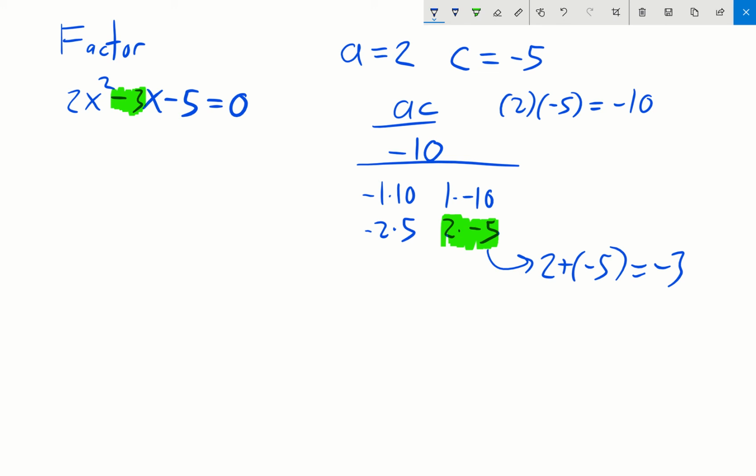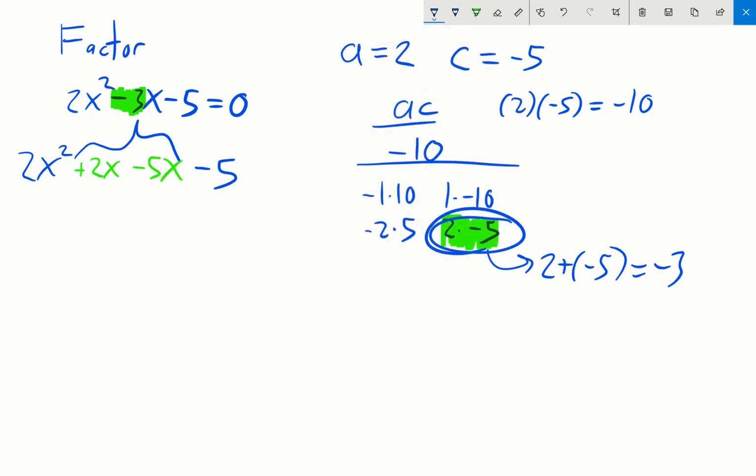Now that we know that, the way the AC method works is we use those two numbers to split apart the middle term. Instead of calling it a negative 3x term, we're going to use these two numbers to break it apart. So I can call it a positive 2x term and a negative 5x term.